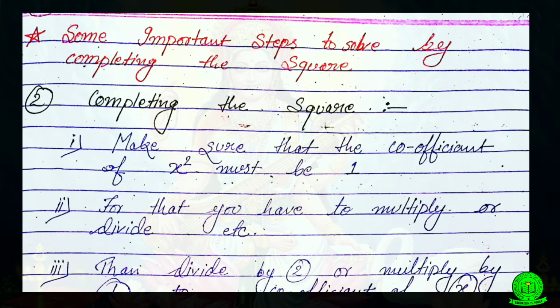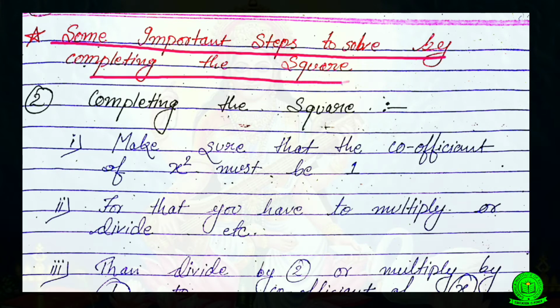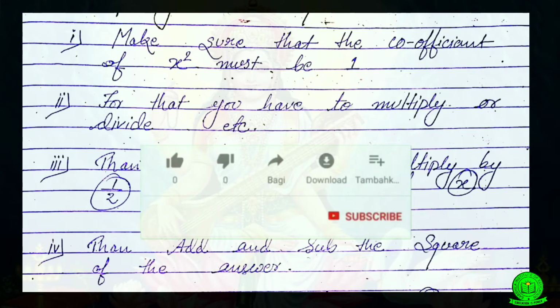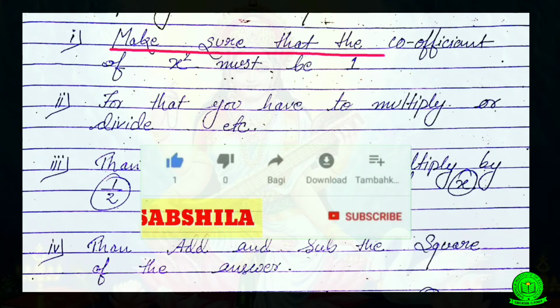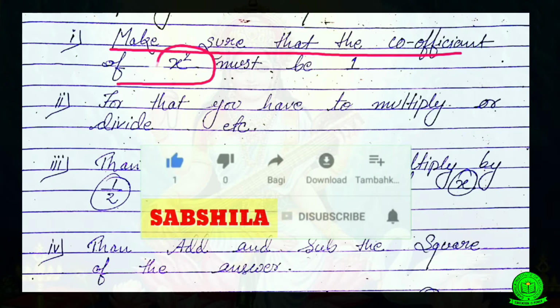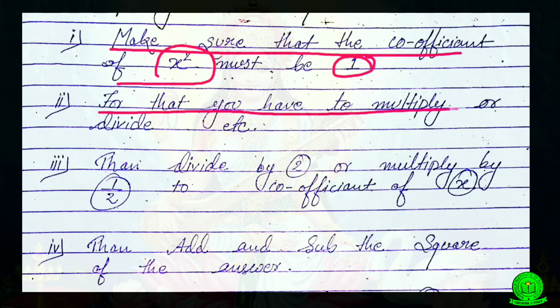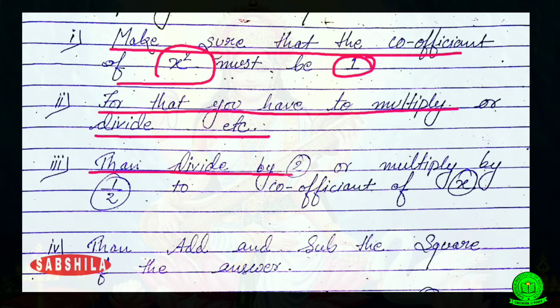Let's see the second method, that is some important steps to solve by completing the square. First of all, make sure that the coefficient of x square must be 1. For that you have to multiply or divide. Then multiply by 1 by 2 the coefficient of x.